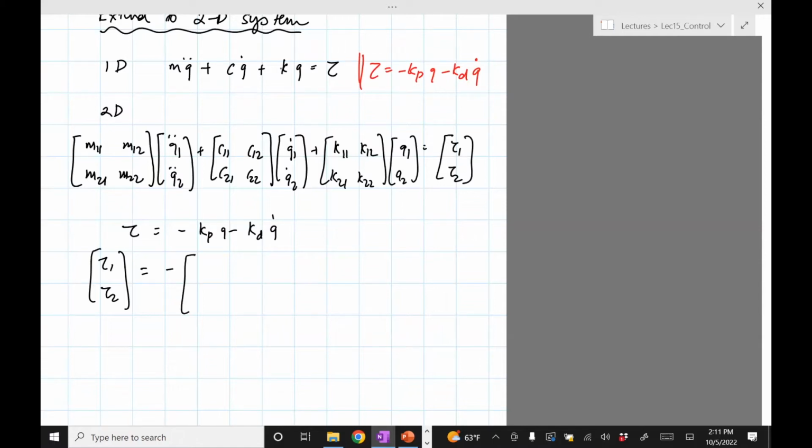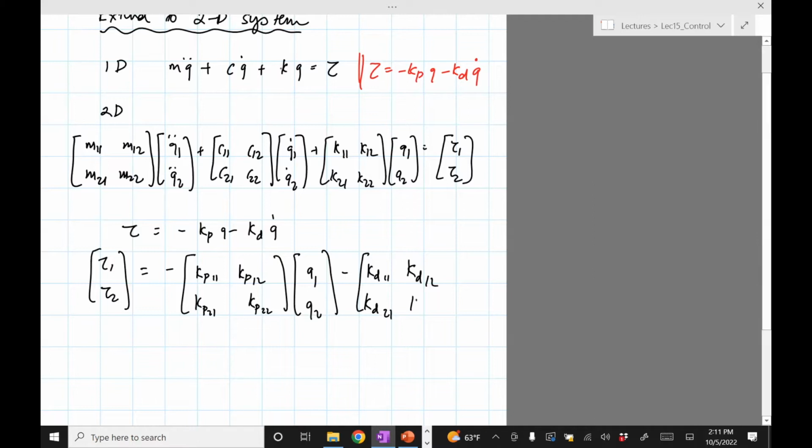This will look like this: kp11, kp12, kp21, kp22, and then kd11, kd12, kd21, kd22, times q1 dot, q2 dot.